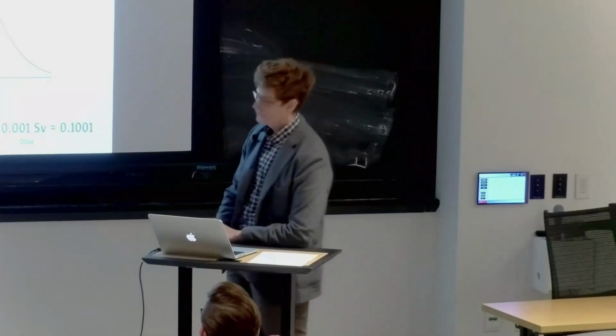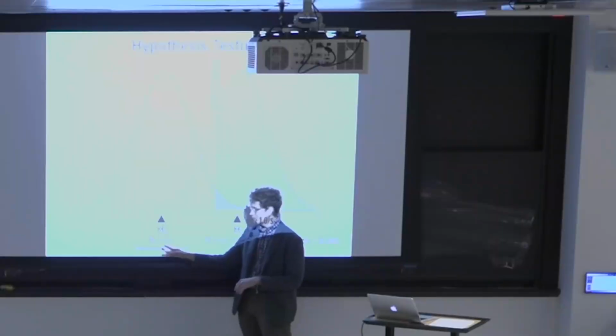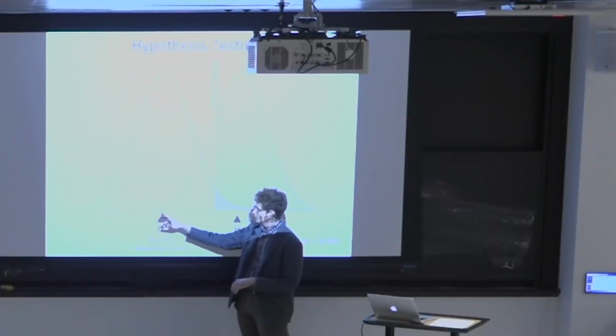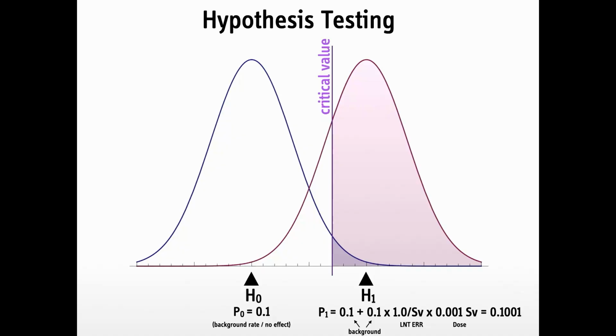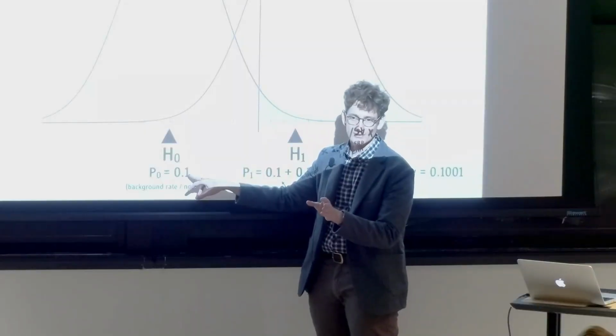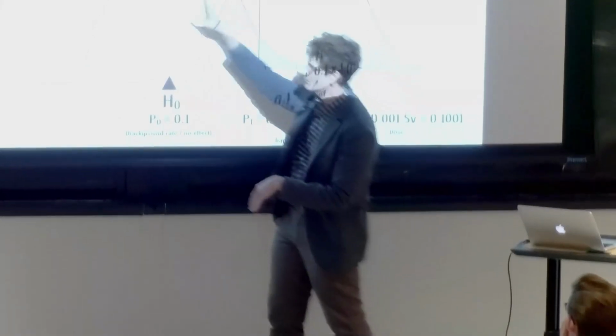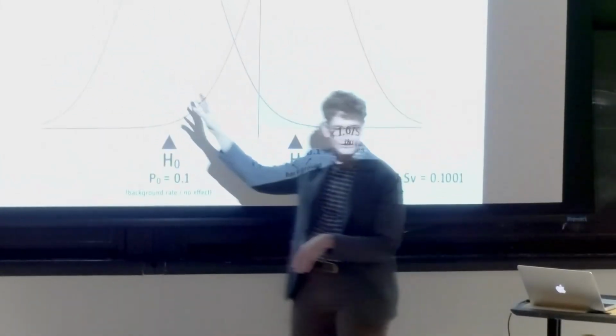And so here, if we have the null hypothesis, which is the threshold model, we expect that the population sample will have a mean at the baseline cancer risk of 10%, right? Because at 1 millisievert, there's no effect from radiation. So you just get the baseline risk. And then there will be some statistical variation around that expected mean.